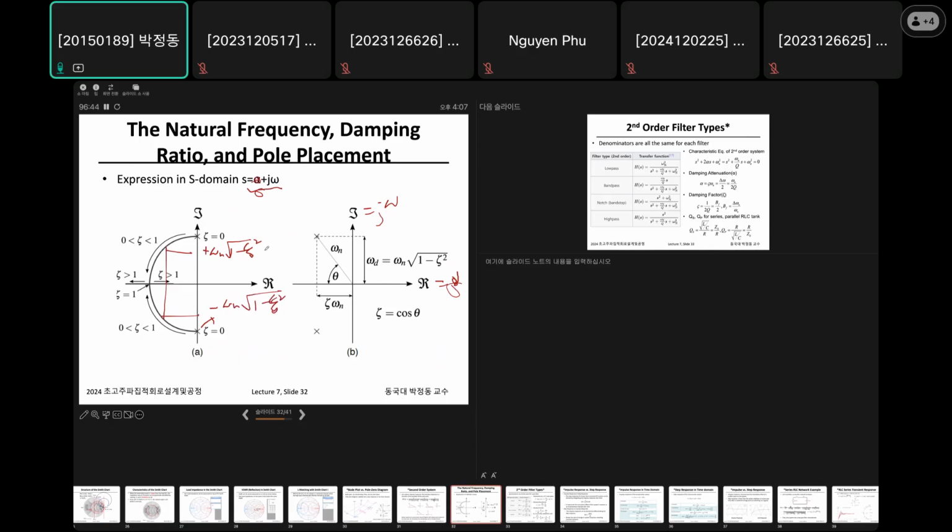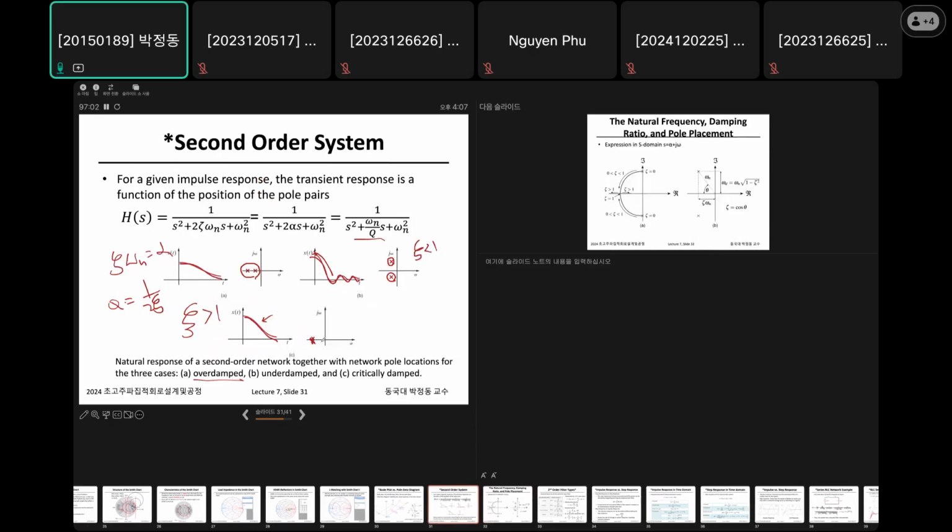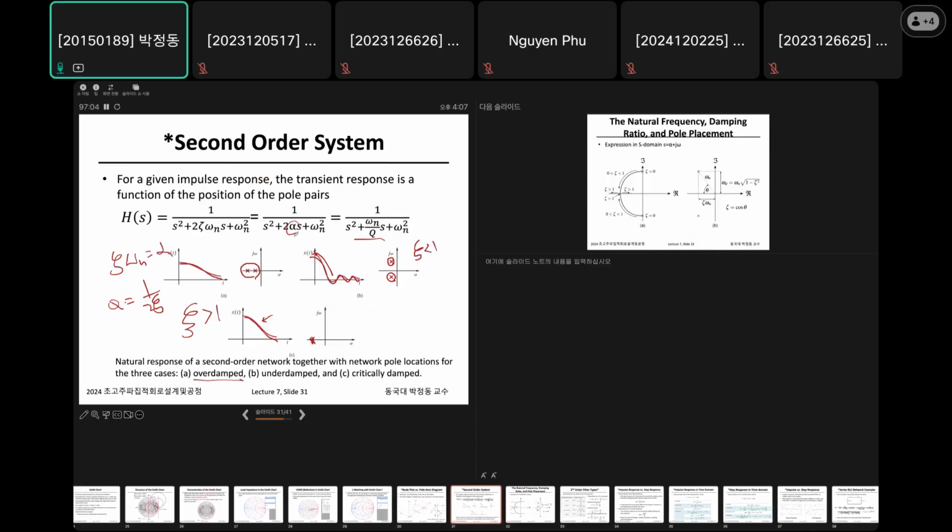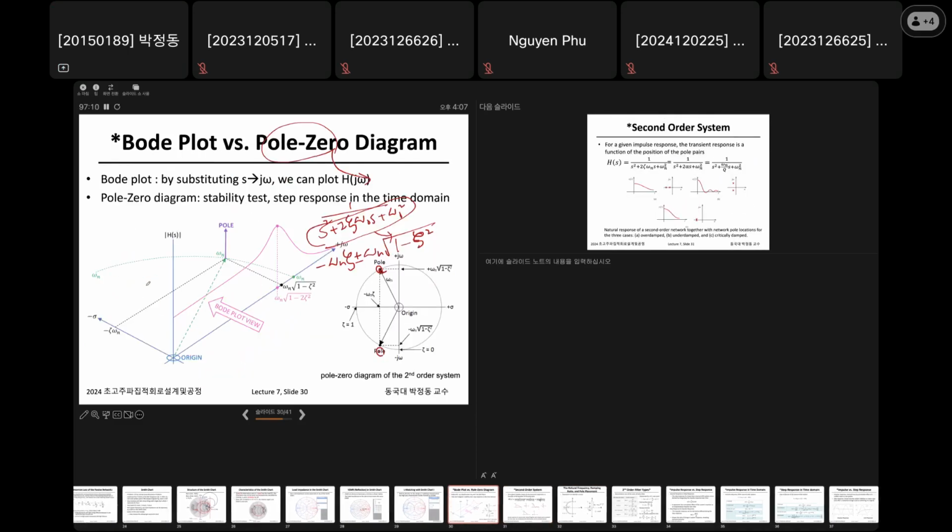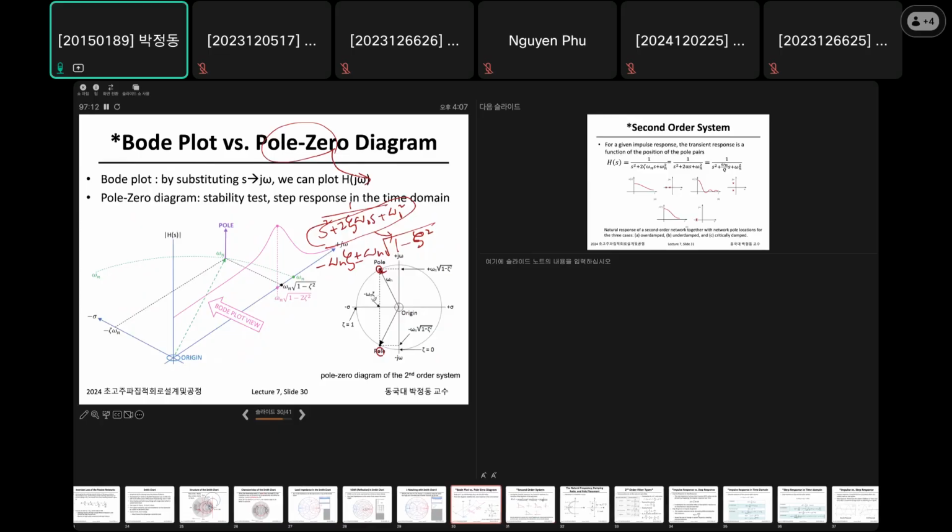This is the damping factor, omega n, which is alpha. The real value is sigma. Sigma is alpha.